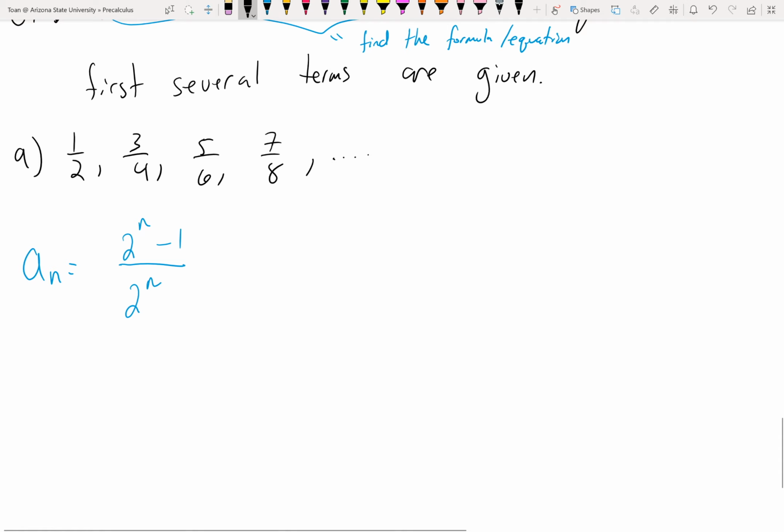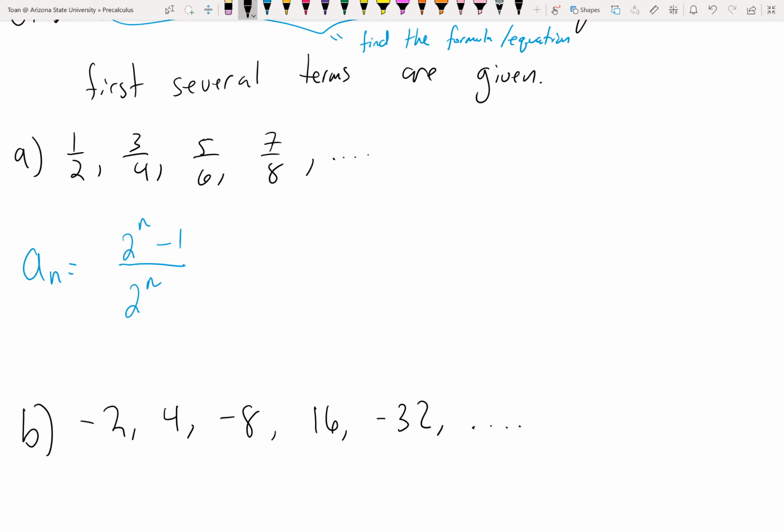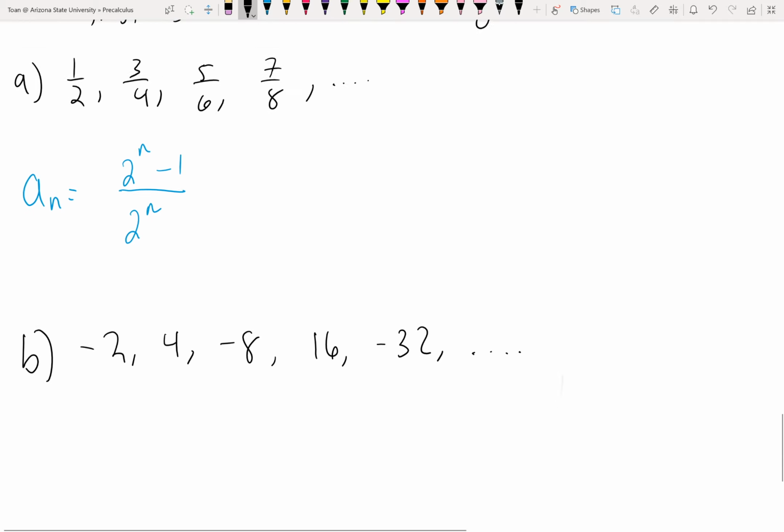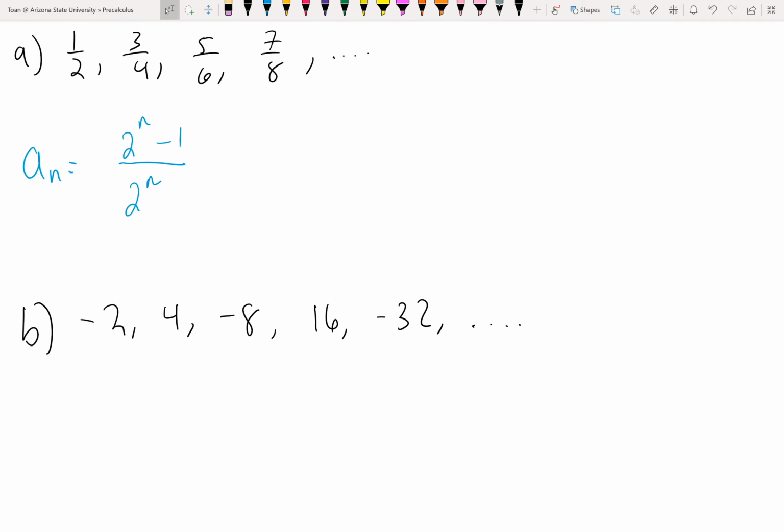Let's do another one, part B. Find the nth term of the sequence -2, +4, -8, +16, -32, so on and so forth. Now, at first glance, b sub n equals, it looks like, hey, it's the multiples of 2, but not quite.